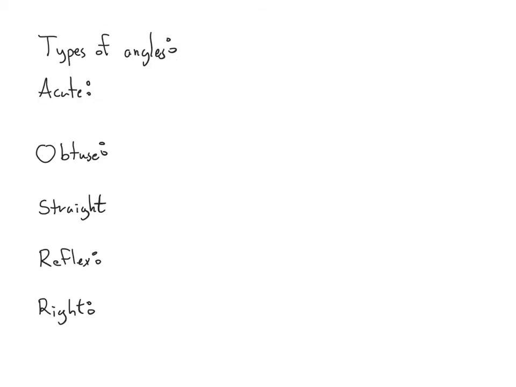Okay, let's talk about different types of angles that are going to be important. This is just kind of a jargon thing. But let's say we have the angle ABC. When we say an angle is acute, what we mean is that the measure of it is going to be between 0 and 90 degrees, not inclusive.